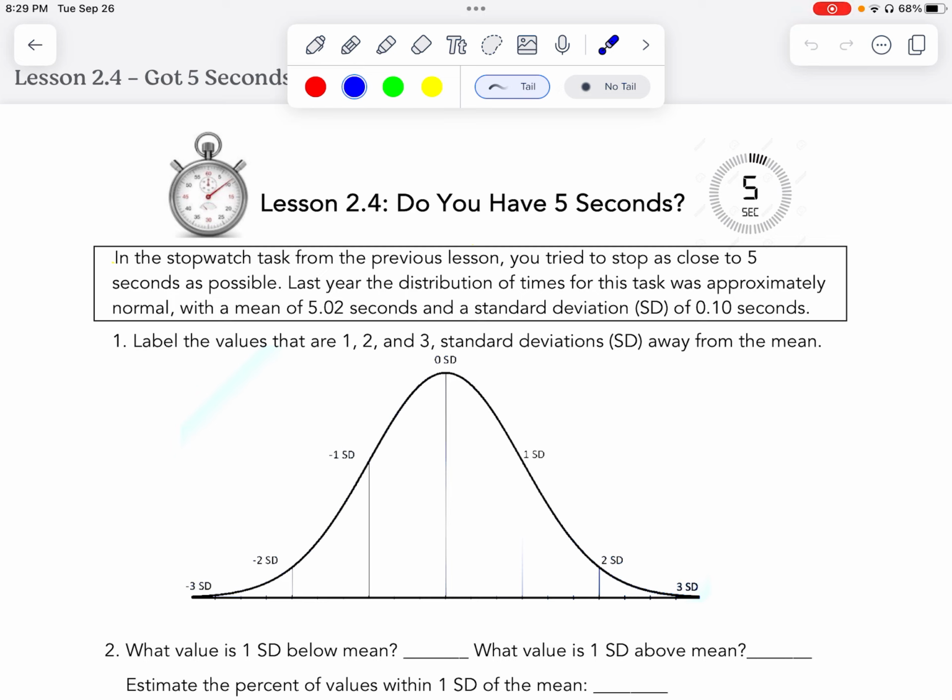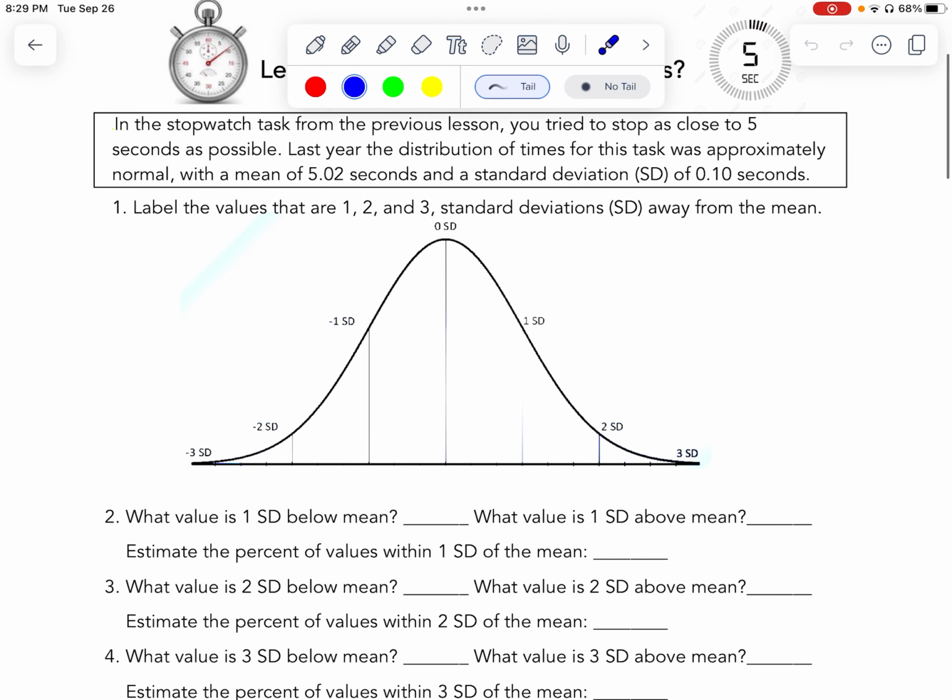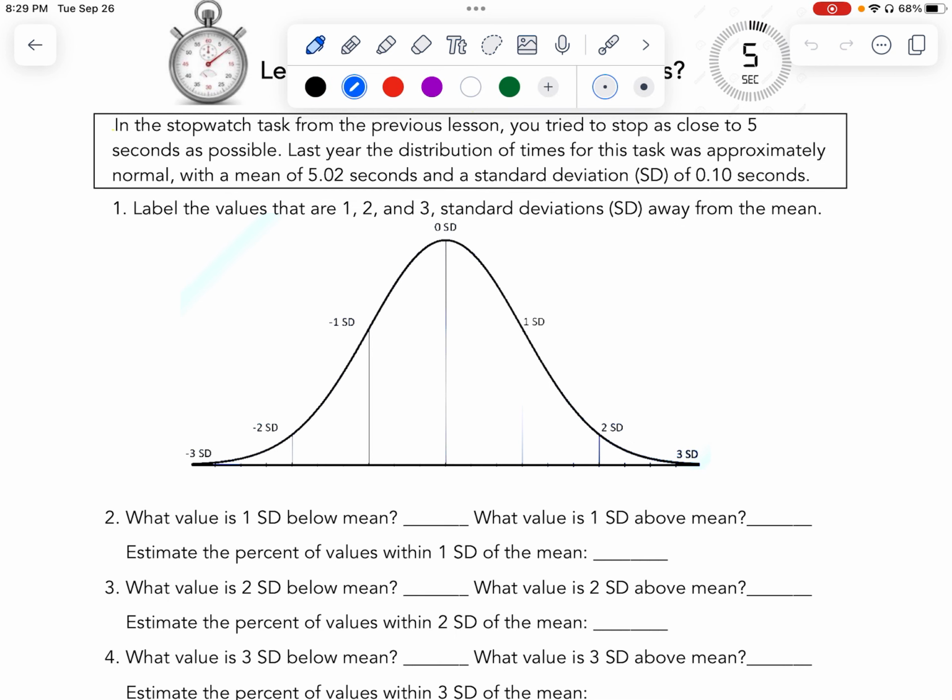For that data, the times were approximately normal, which means they followed a nice normal bell curve with a mean of 5.02 seconds and a standard deviation of 0.10 seconds. So we're going to label the values for the standard deviations. The mean, sometimes written as mu, will be here: 5.02.